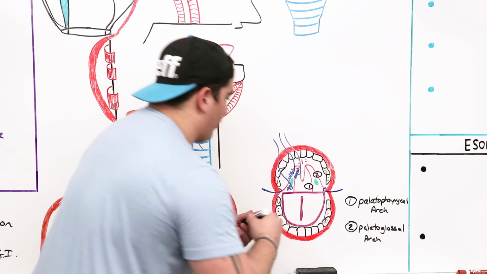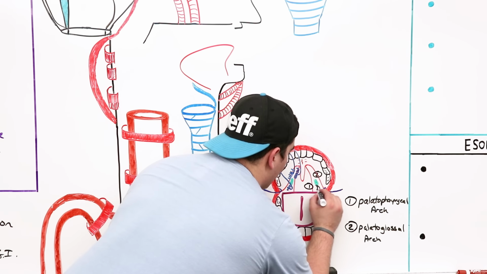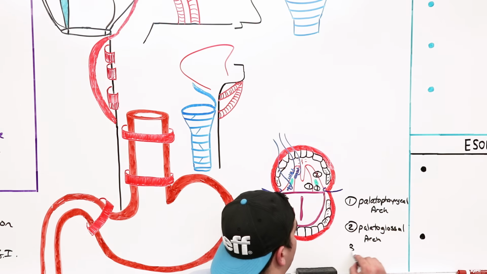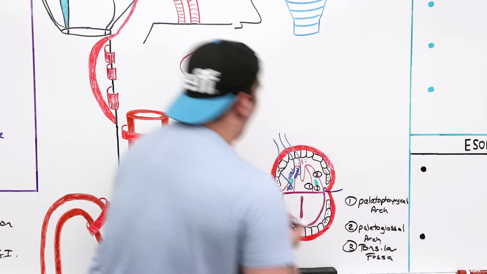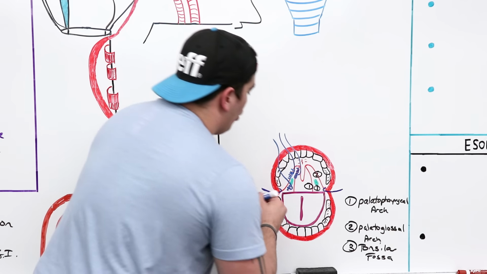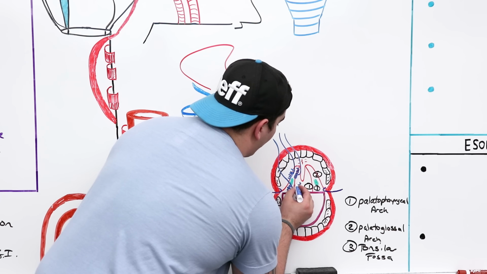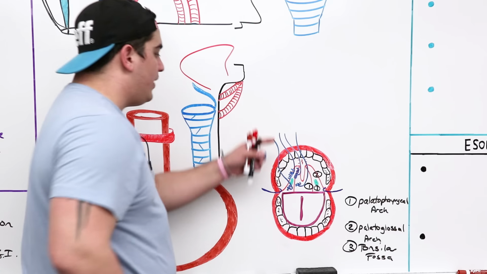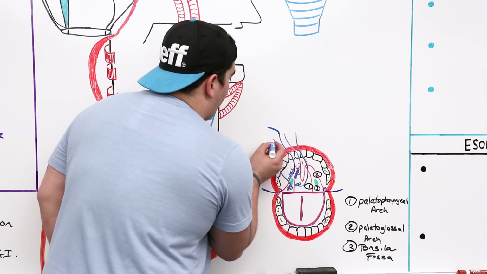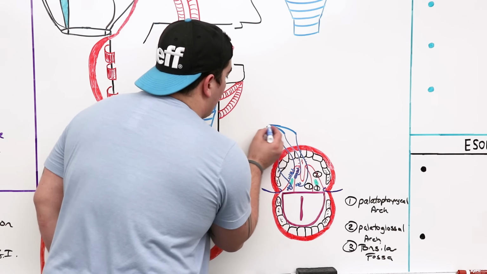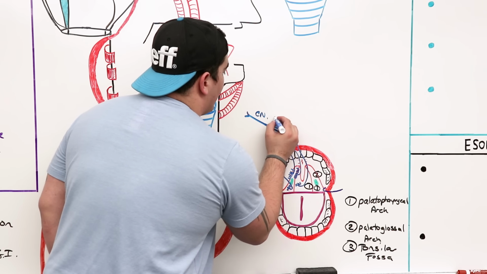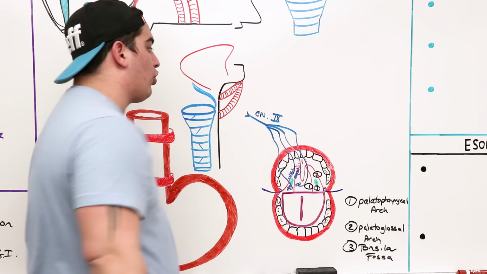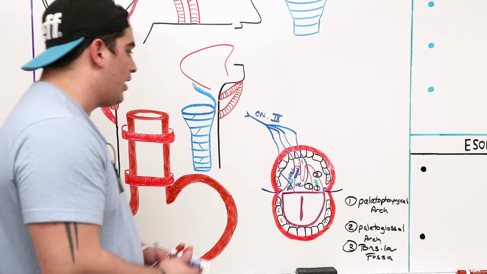So here, look, I'll put number 3. That little space in there is called the tonsillar fossa. That area, and even one more area, which is the posterior pharyngeal wall. All of these structures are super, super innervated by a special cranial nerve. That cranial nerve is going to be the glossopharyngeal nerve, or cranial nerve 9.